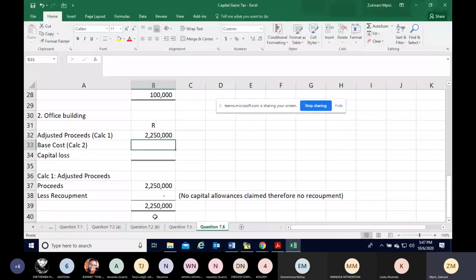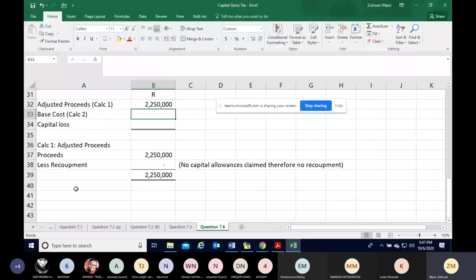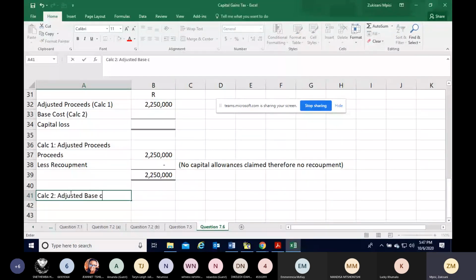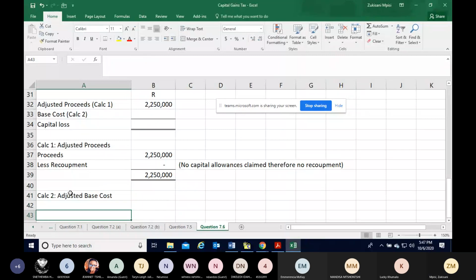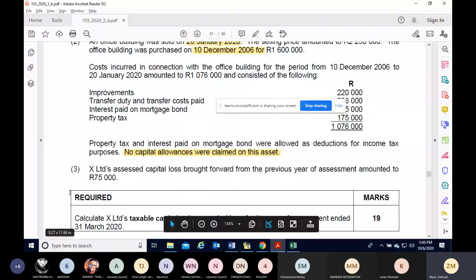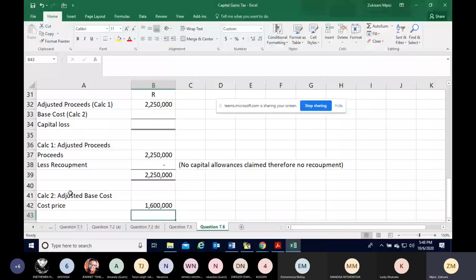So now we need to do calc 2 for adjusted base cost. We know that this is going to be cost price plus the inclusions. So cost price, we know that this building was purchased for 1,600,000. So let us look at the other costs that have been incurred.